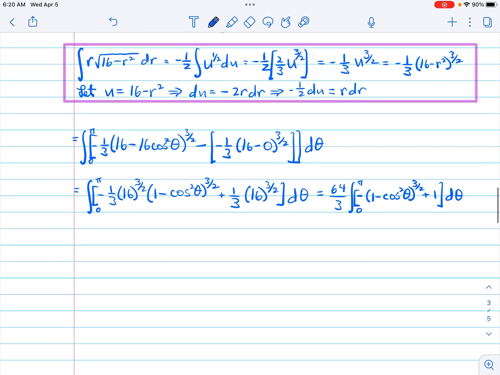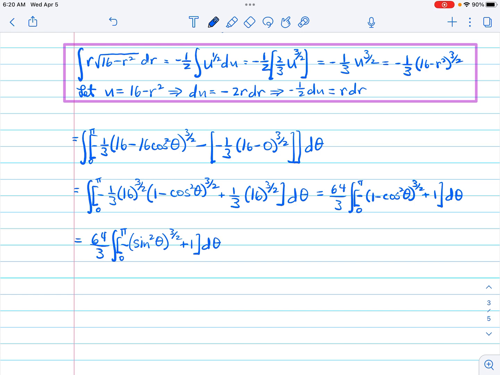Okay, now let's continue on and see what we've got here. So I've got 64/3, from 0 to pi, negative sine squared theta to the 3 halves plus 1. See?